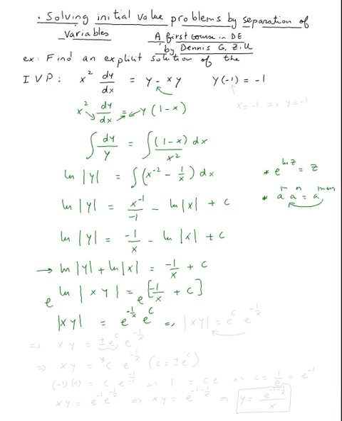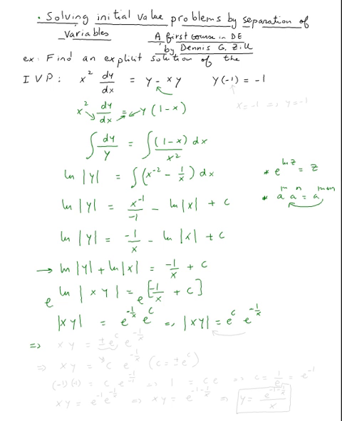Now this means that absolute value of xy is equal to some constant. Well, let's do it more carefully. This would be e to the c times e to the -1 over x, right?